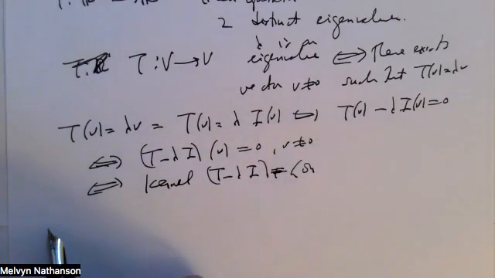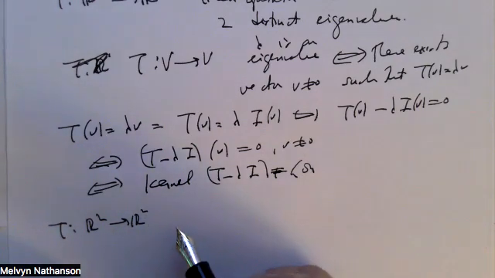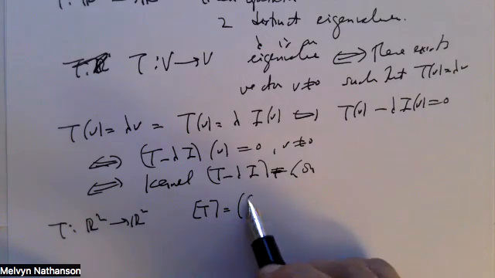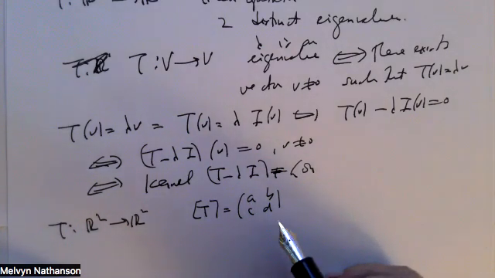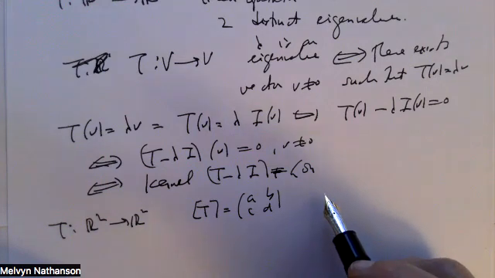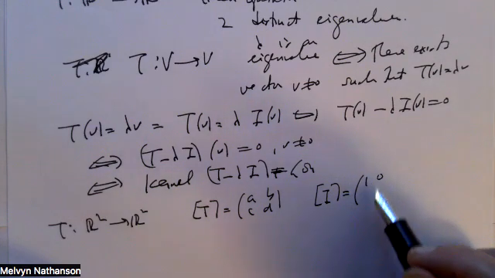So suppose T is a map from R2 to R2, and suppose with respect to some basis, the matrix for T is, let's say, A, B, C, D. Then the matrix for the identity operator, of course, is just 1, 0, 0, 1.